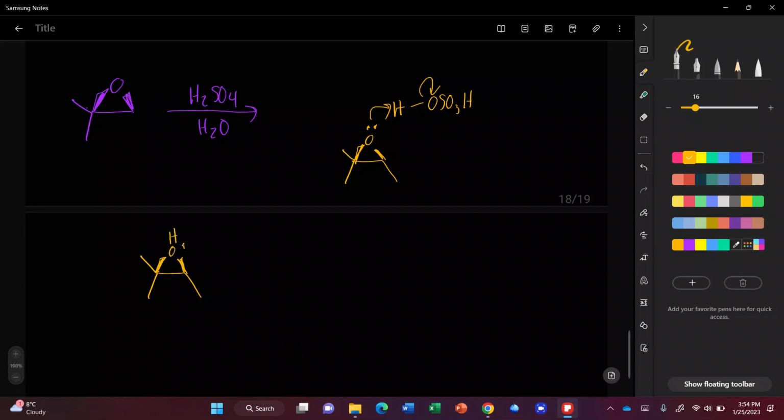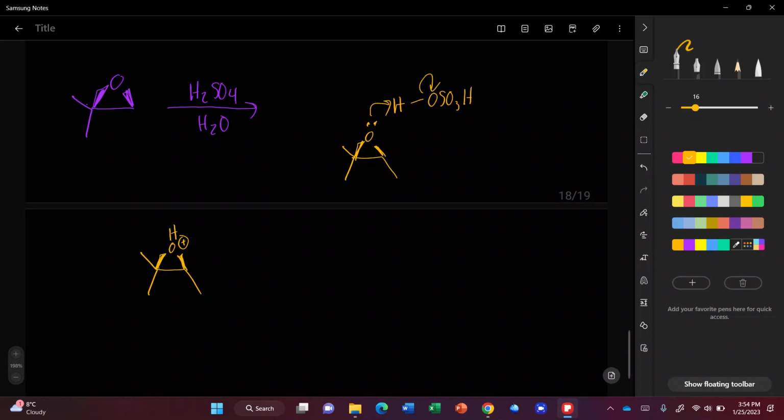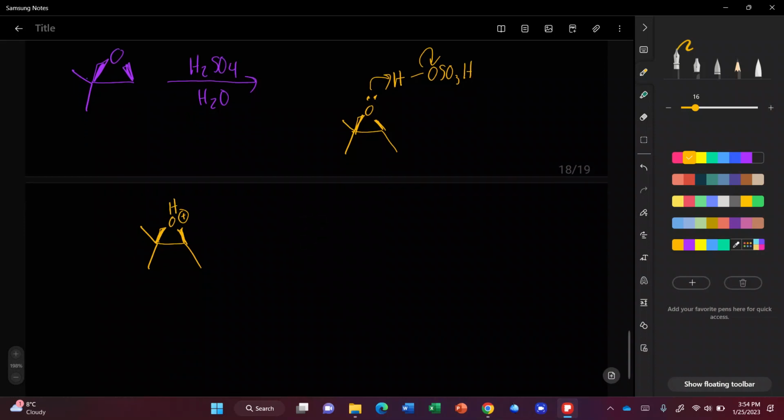Now this is the part that might not make a whole lot of sense to you. It's kind of a hand-wavy argument, but now you have a protonated epoxide, and if you remember, protonated things generally are going to want to go via an SN1 pathway. So you've protonated your epoxide, and you have water floating around.